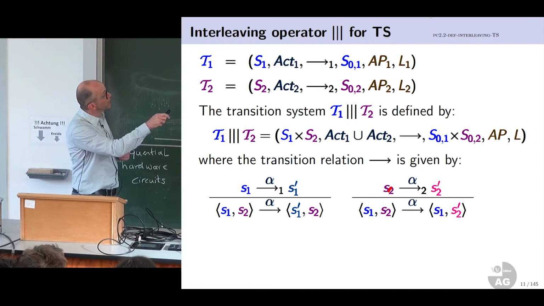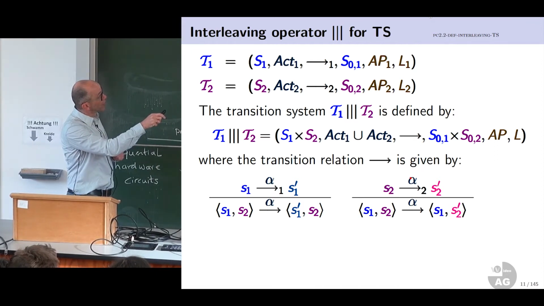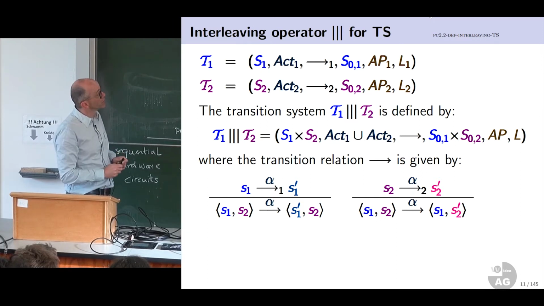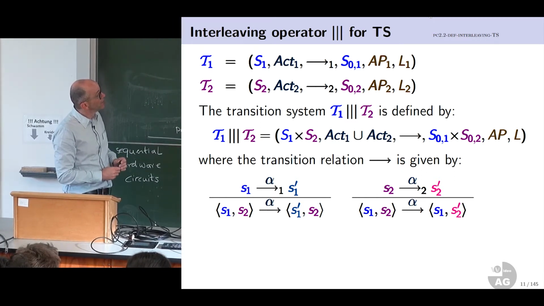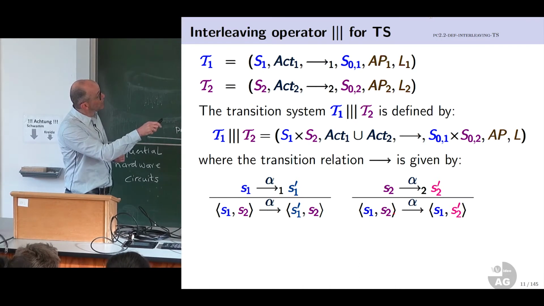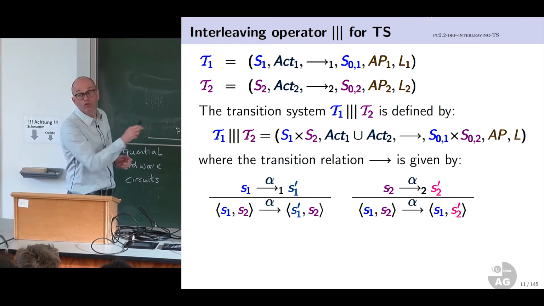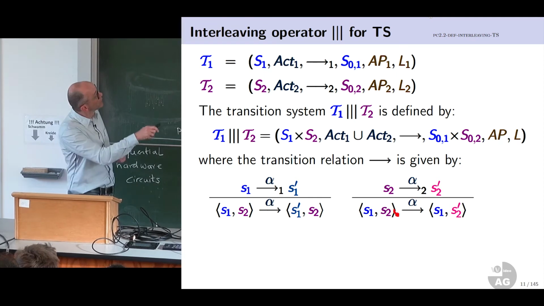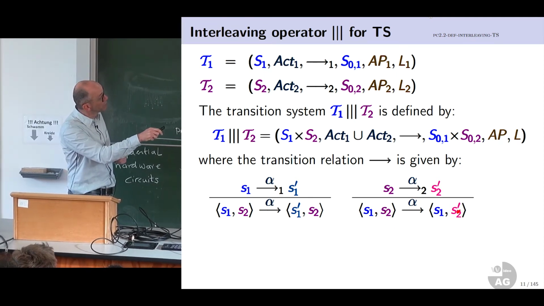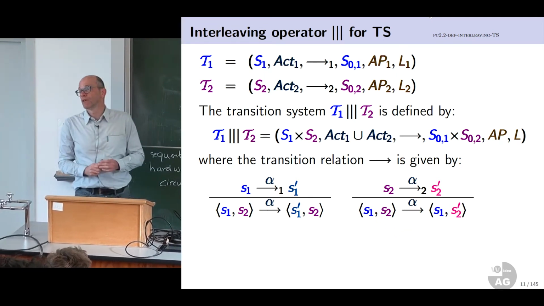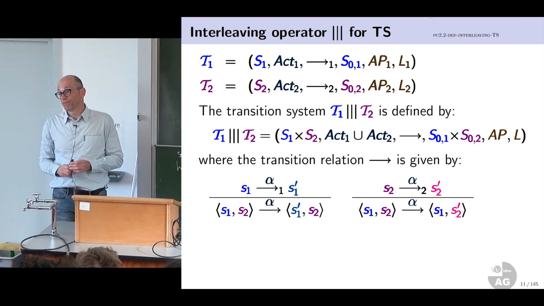This simply tells you that if S2 can do an alpha according to its transition relation, so that's the transition relation in the second transition system, and moves to S2 prime, then the pair S1, S2 moves according to alpha to S1, S2 prime. Yeah, so here's the reverse. S2 moves, but S1 stays in S1.